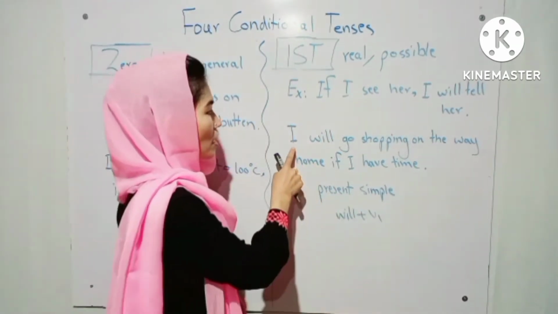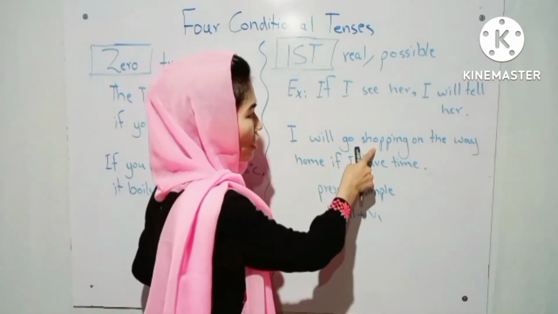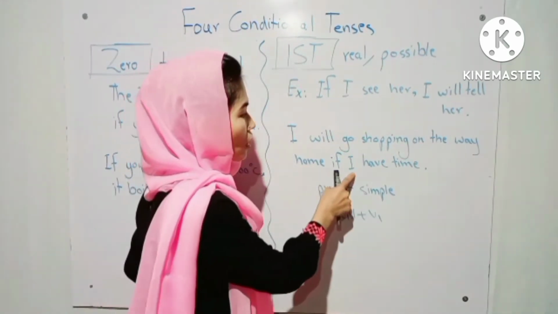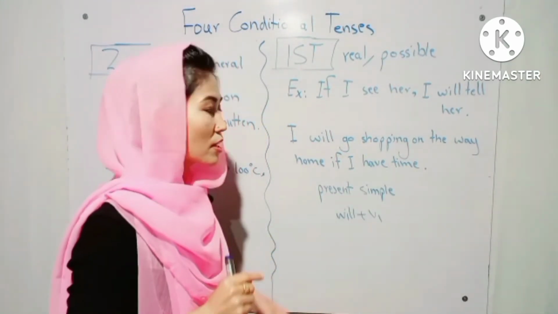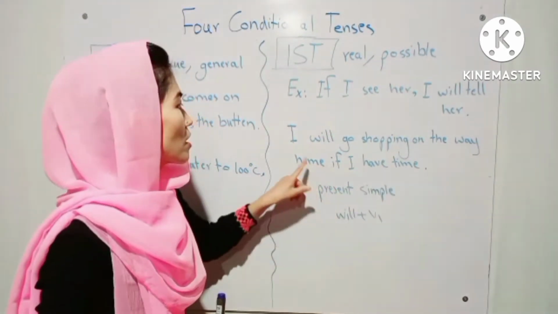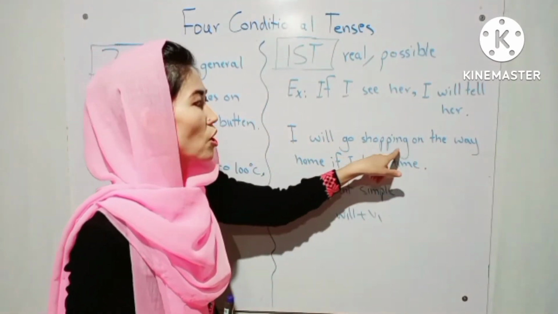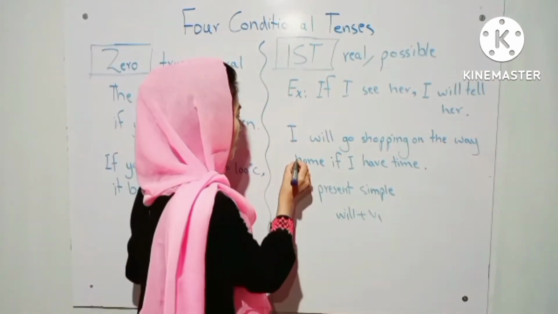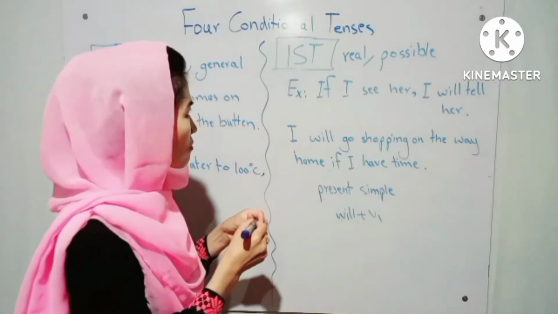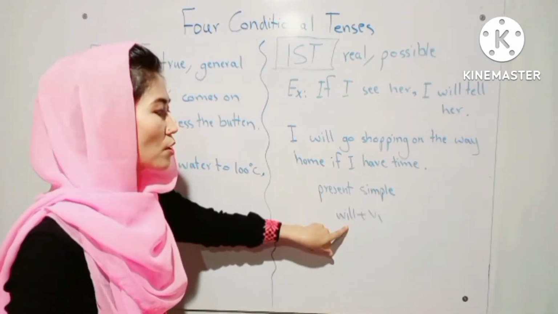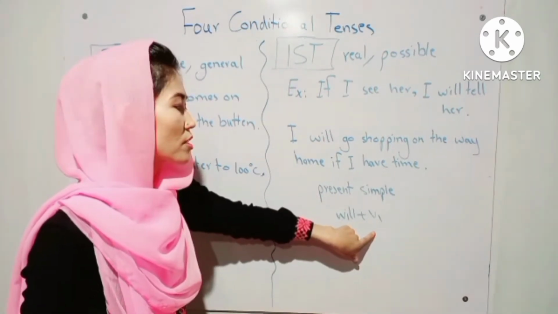So the next, I will go shopping on the way home if I have time. Or if I have time, I will go shopping on the way home. Okay, so in first conditional, we use present simple with will plus base form of the verb.